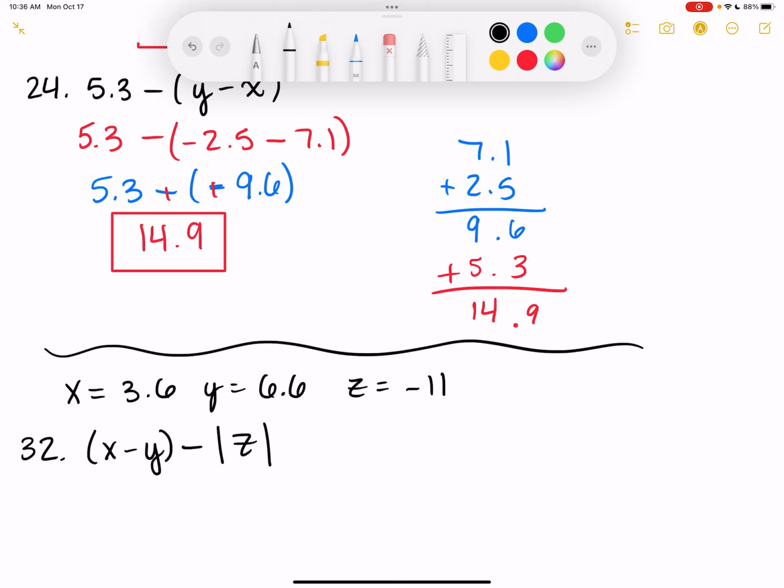So I'm going to go ahead and replace each of the variables with their number. So in parentheses, I have 3.6 minus 6.6, close the parentheses, minus the absolute value of negative 11.